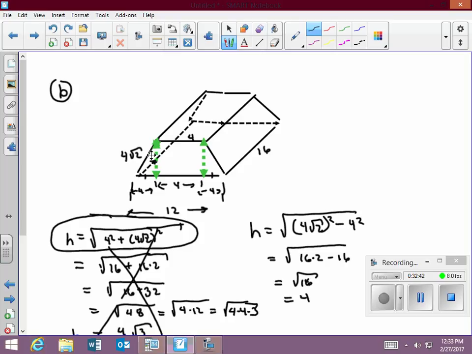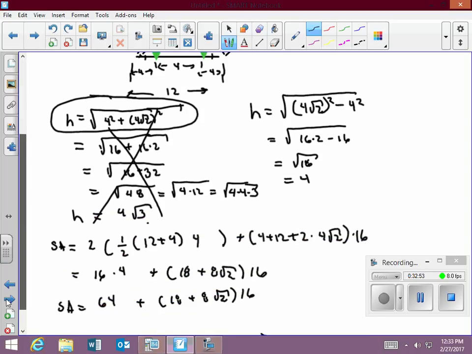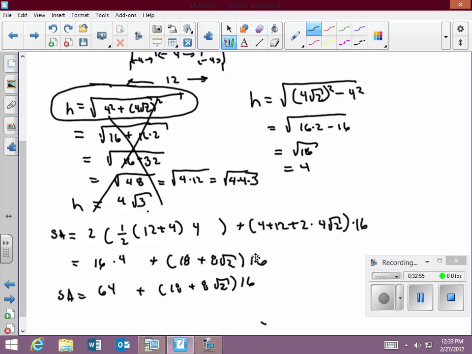So the perimeter should be this 4 and this 12, which is this whole length here, and then 2 times this 4 square root of 2. That should be right. No, because you have 18 out front. It should be 16 plus 8 square root of 2. Oh, I added that thing there, didn't I? Thank you. Yep.